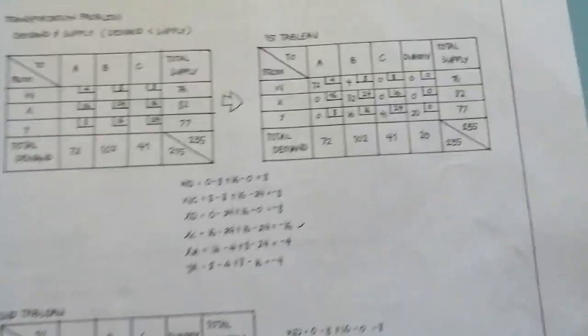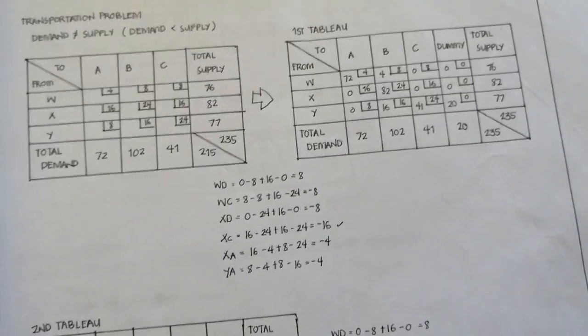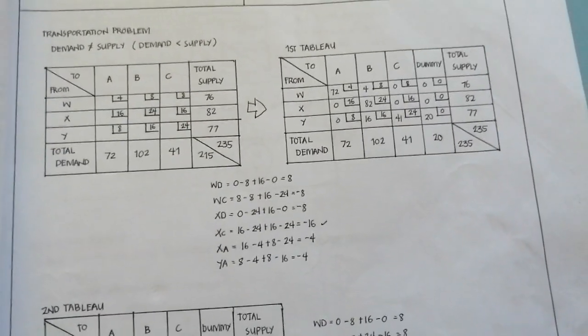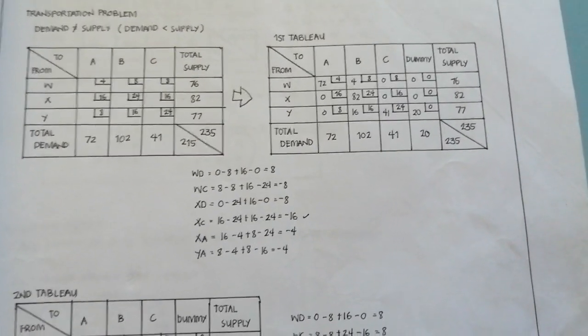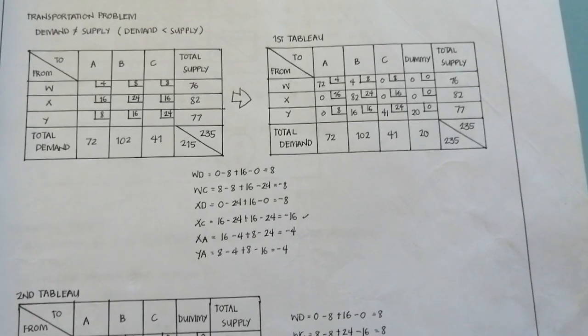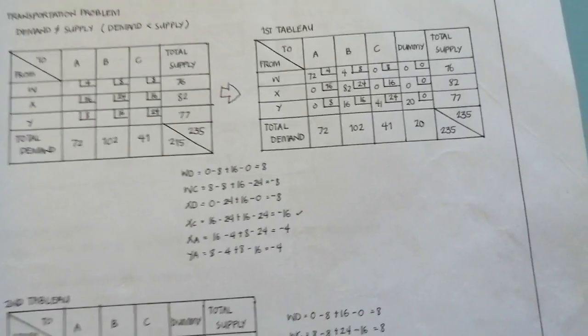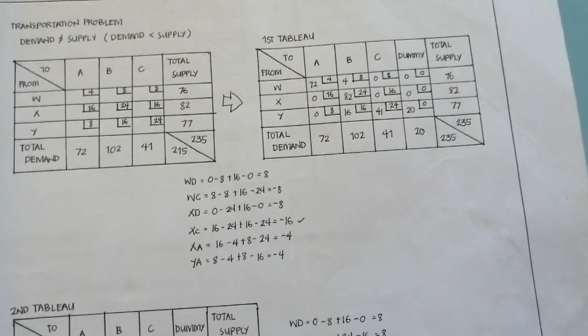If, for example, the demand is higher than the supply, then that is a good thing in the market. So if you're an entrepreneur and you want to enter the market, it is better if the demand is higher than the supply.